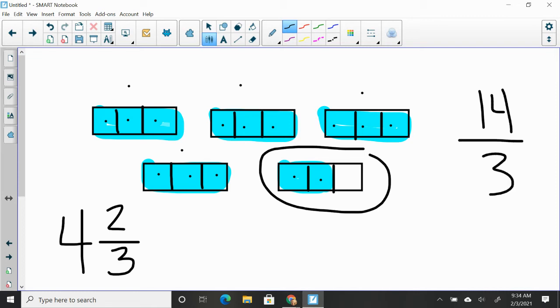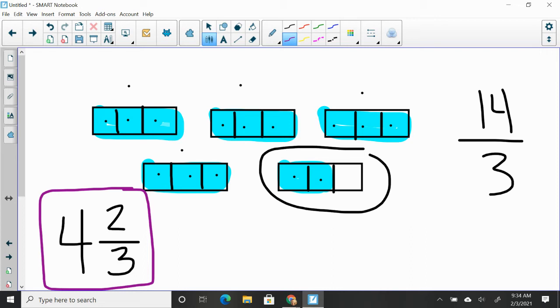How can I use math, or what can I do mathematically, to turn this mixed number into that improper fraction? So if you think about it, all of my models are cut into thirds, right? And I have 4 whole models that are cut into thirds.